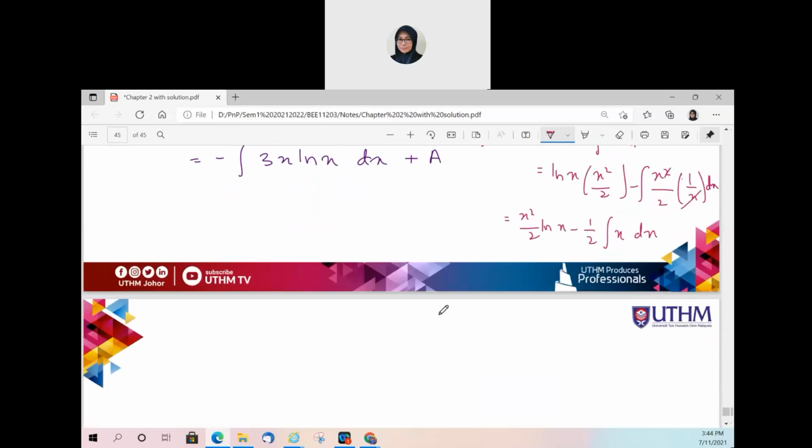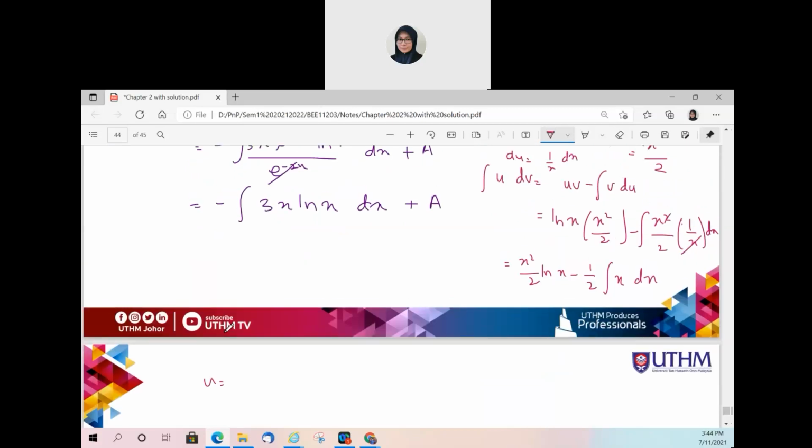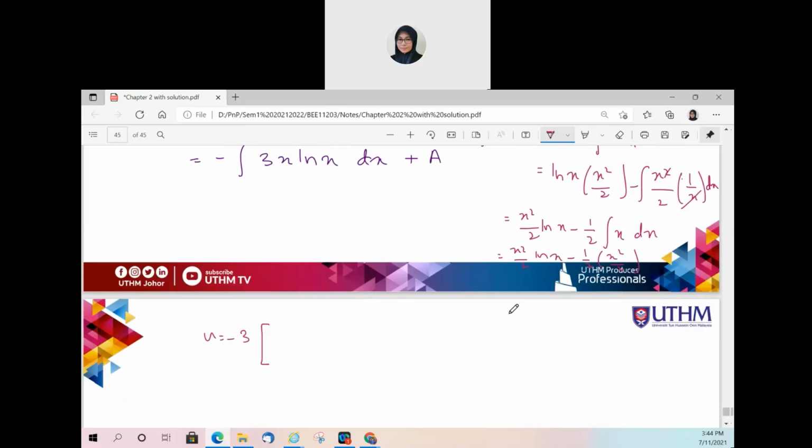You integrate x, you will get x square over 2 ln x minus x square over 2 over 2. Betul? Then this one will be x square over 2 ln x minus x square over 4.